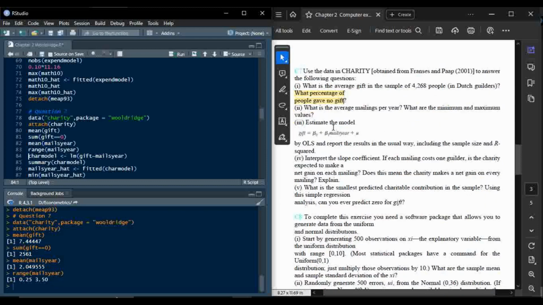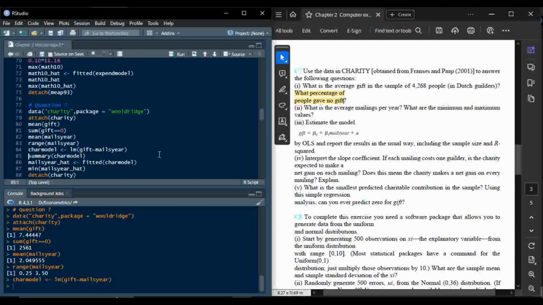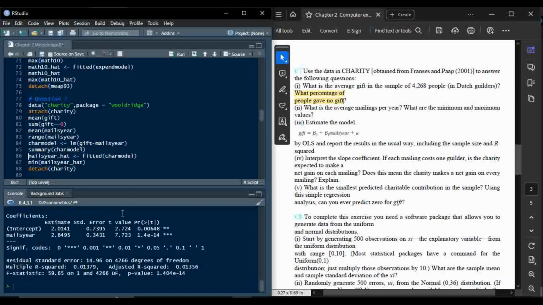Now let's go to the third question. Estimate the model. We have to predict gift on the basis of mails per year. So now let's create a model by the name of char model and use this assignment operator. Use this function lm linear model, and in the bracket give gift tilde mails year. Press Ctrl plus enter. Now let's summarize this model, and also we can calculate the sample size.